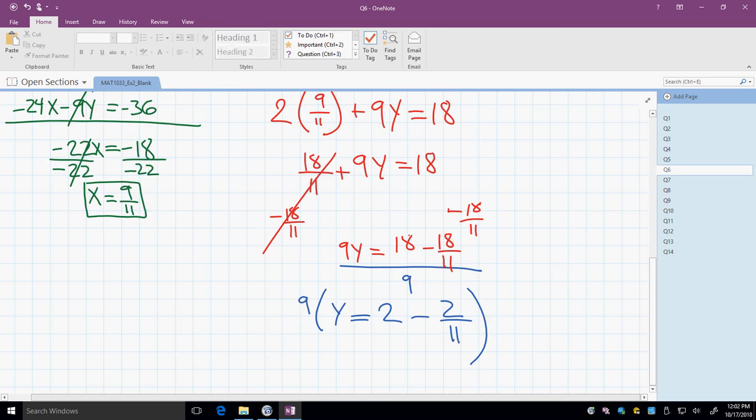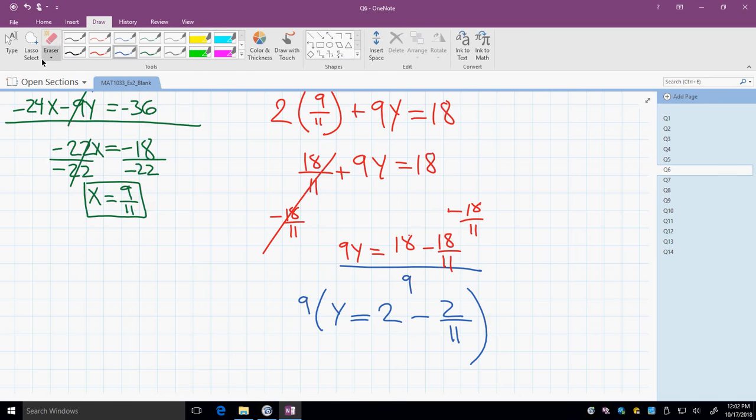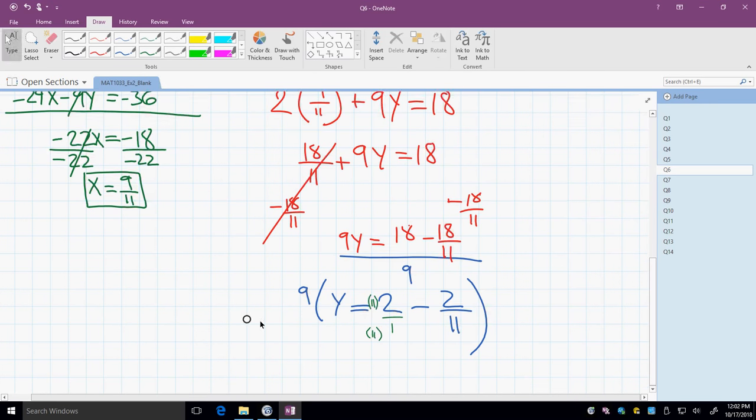So to combine those two fractions, we have to have the same denominator. Let me get my colors out again. We are going to multiply top and bottom by 11 so we can have the same denominator.